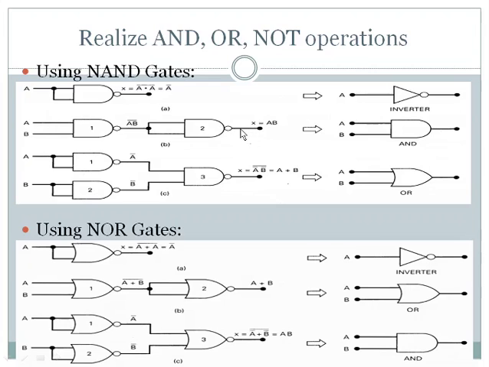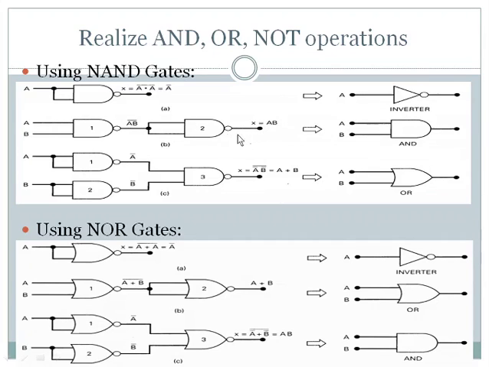Then the output of this second NAND gate becomes the inverse of its input. So its input is AB bar and the output is the inverse of this, that means AB bar bar. And when there is a double complementation, the complementation cancels and we get the original variable, which is AB.